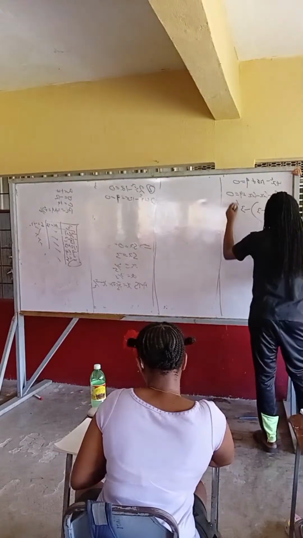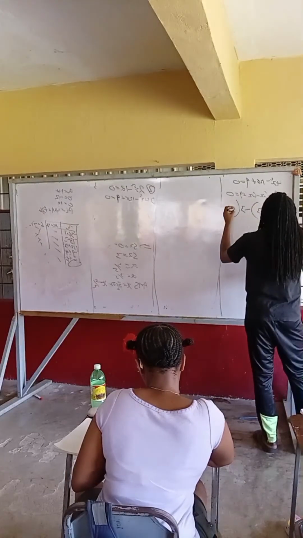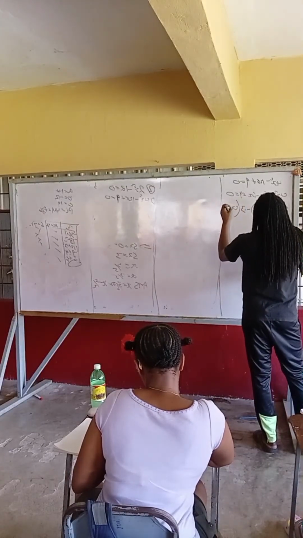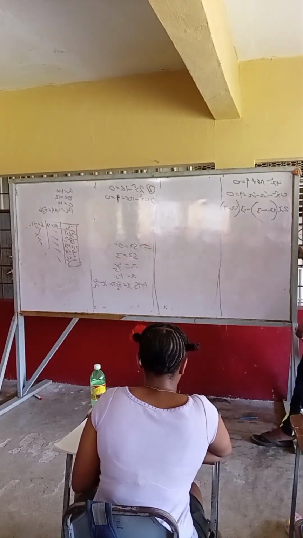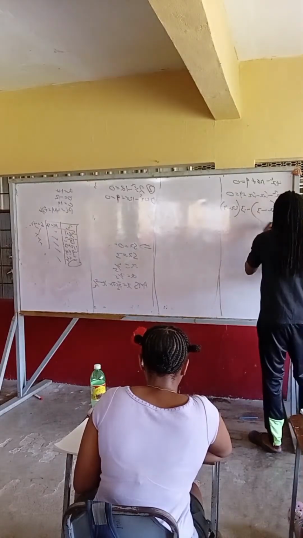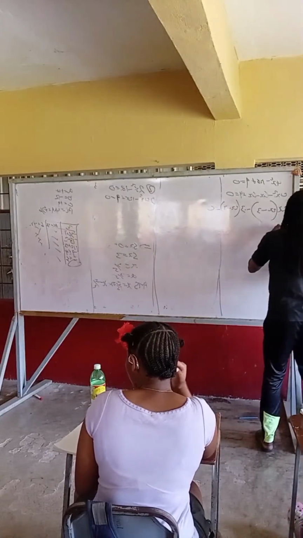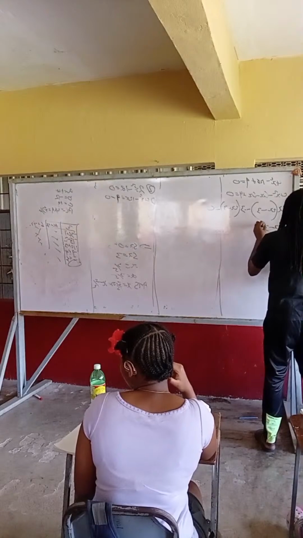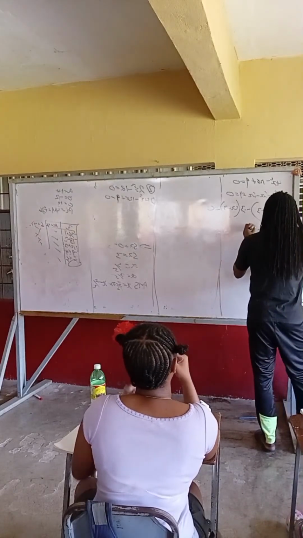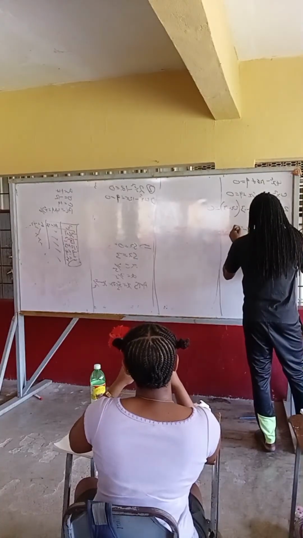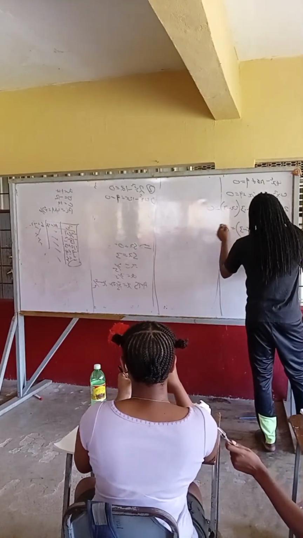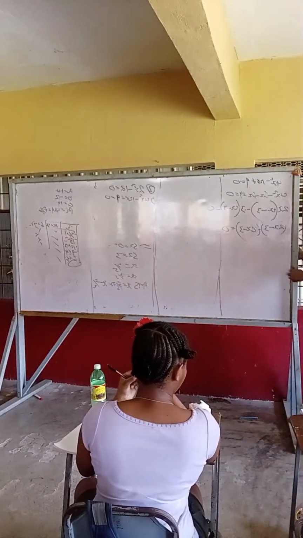Minus 3 times 2x gives me positive 2x. Minus 3 times minus 3 gives me minus 3. Everybody see that? Equals 0. So that means 2x minus 3, bracket 2x minus 3 equals 0. Now, two of them are the same thing.